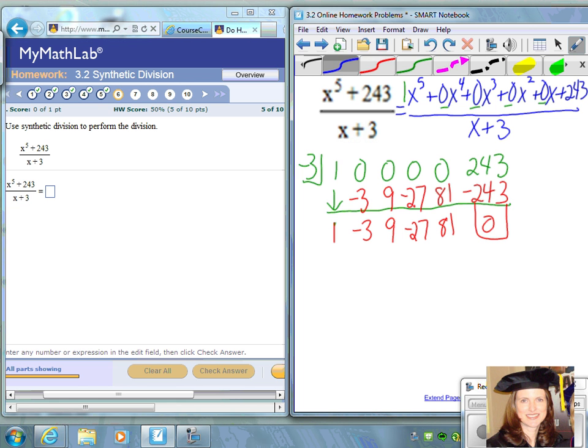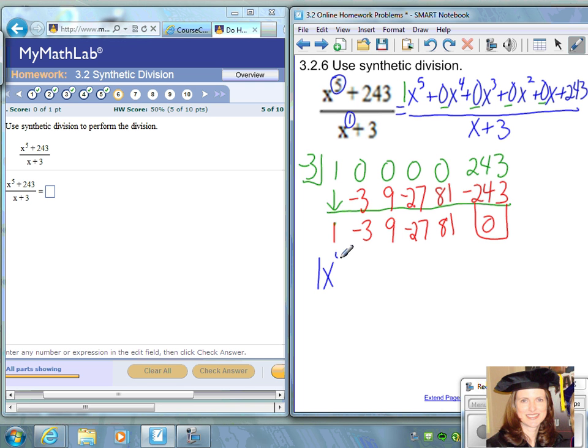So the way we write our answer, again, we start off with an x to the fifth dividing by x to the first. So this is going to be 1x to the fourth power. The leading exponent is x to the fourth power, minus 3x to the third power, plus 9x to the second power, minus 27x plus 81 with a remainder of 0.